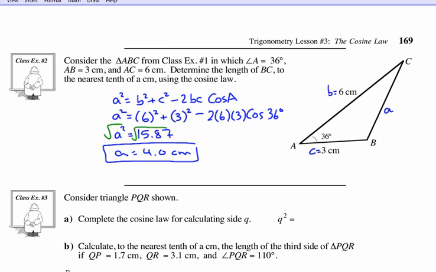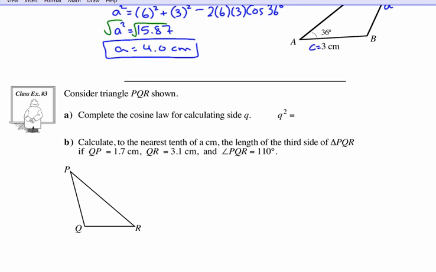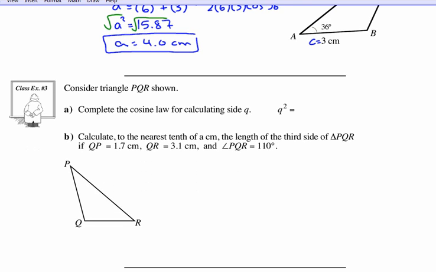Okay, look at PQR. So let's label what we know. It says complete the cosine law for calculating side q, if we're looking for little q. So it's usually a squared is equal to b squared plus c squared minus 2bc cos of a.